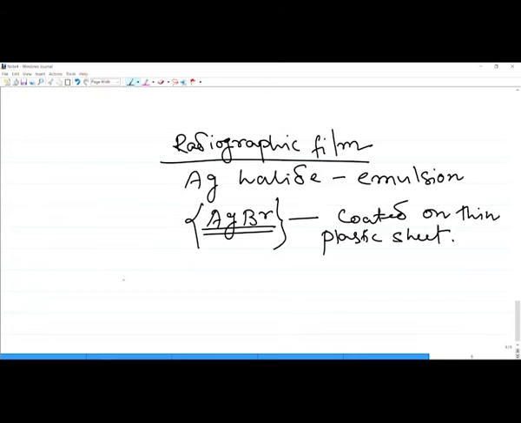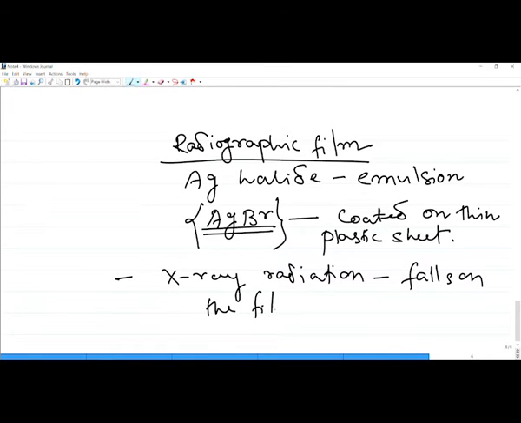That is what happens when X-ray intensity falls on this film, and it liberates the silver ions. So, these liberated silver ions are the main responsible factor for the contrast or the darkening that you see on the X-ray film.